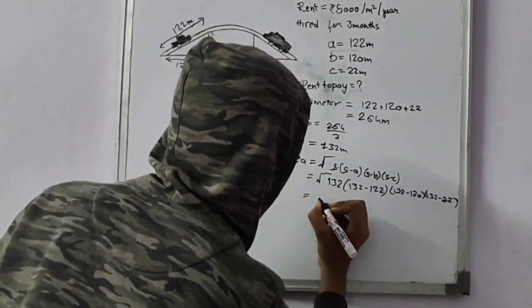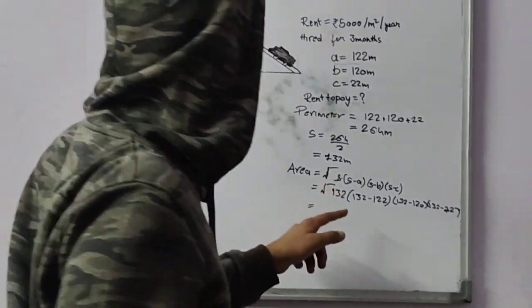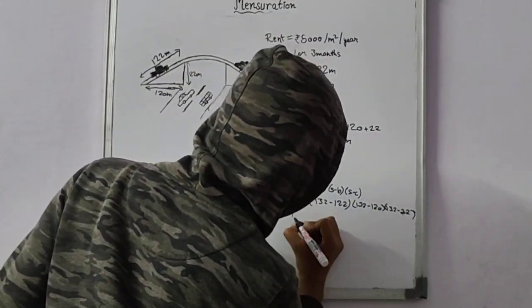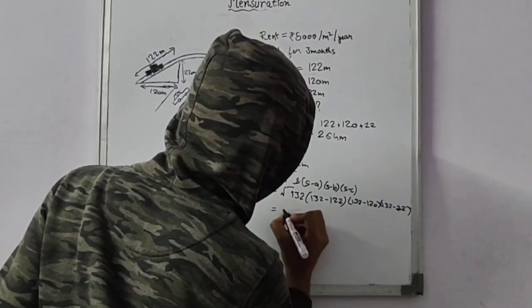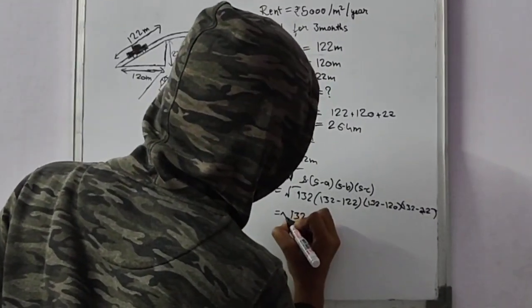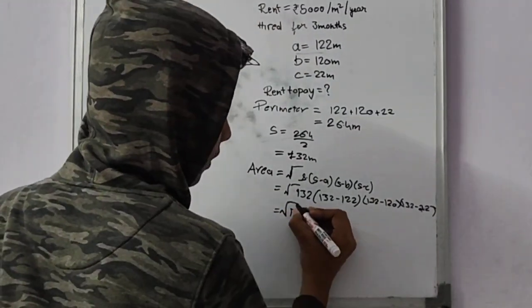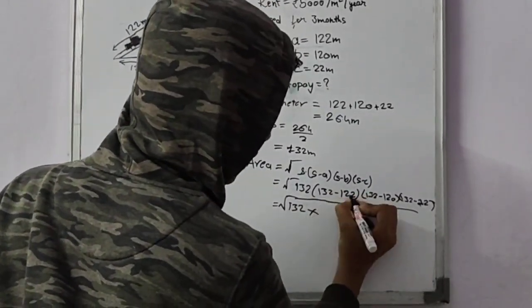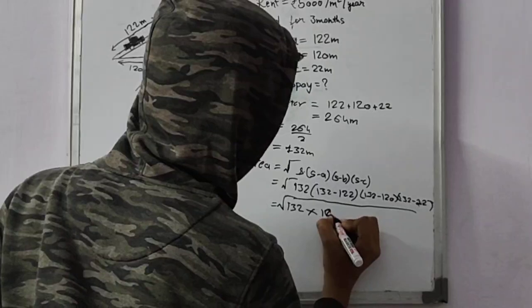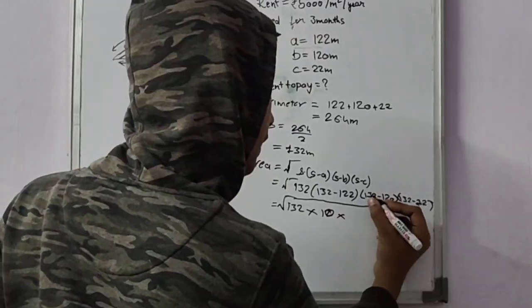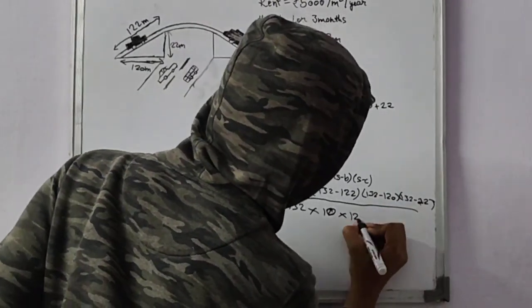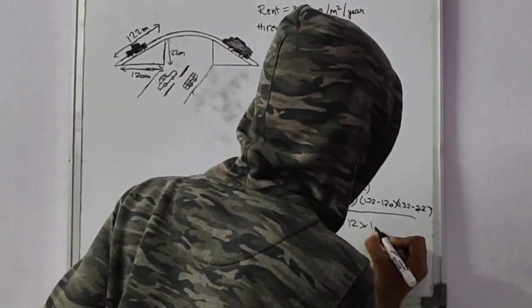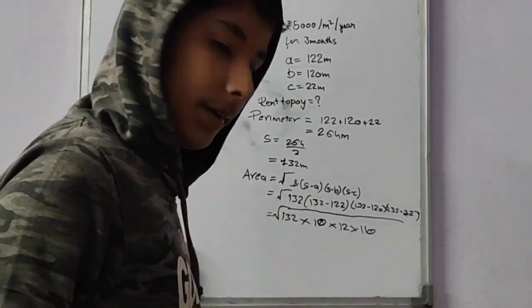What will it be? 132 multiplied by 132 minus 122 will be 10, multiplied by 132 minus 120 will be 12, multiplied by 132 minus 22 will be 110.